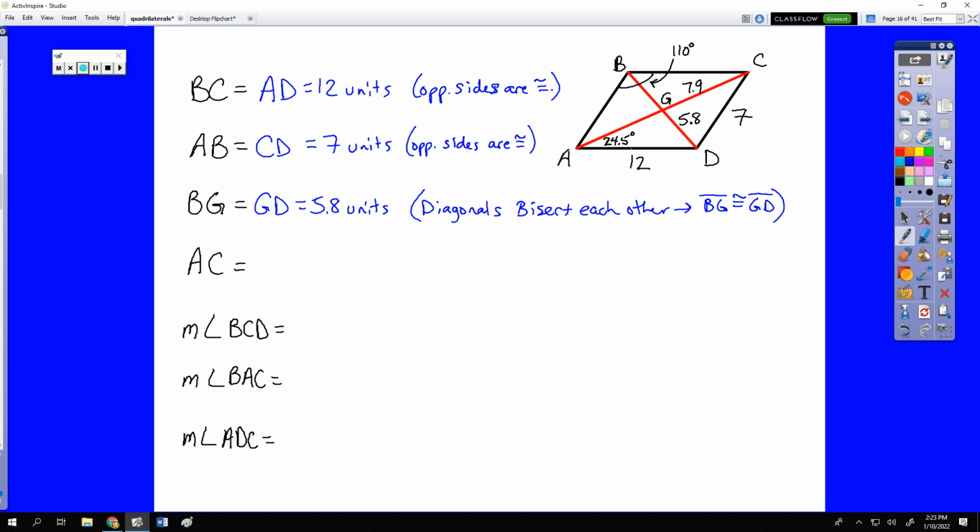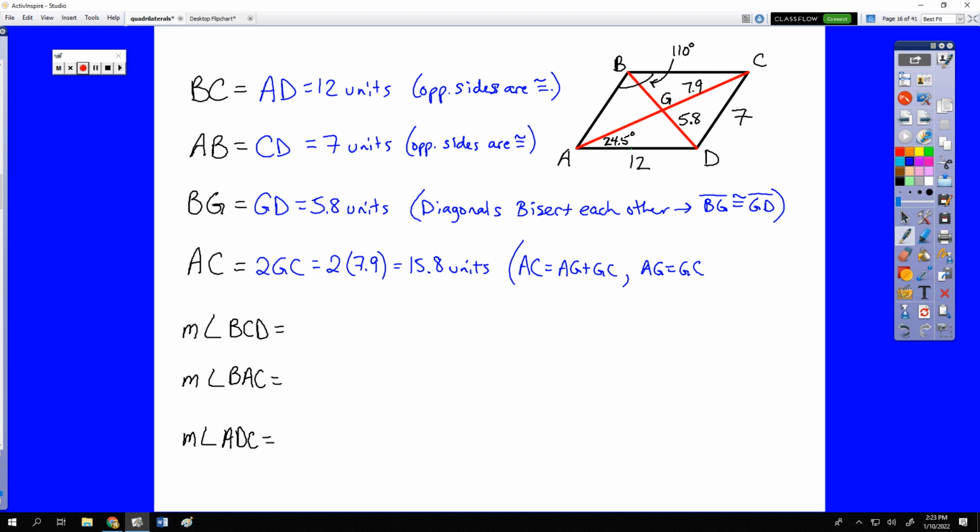Okay? AC, well, that one is a little bit more challenging. We should recognize that it has to be twice the length of GC, or 2 times 7.9, which would be 15.8 units. Okay, we should be able to get that using the segment addition postulate because AC is AG plus GC, and AG has to equal GC, right?